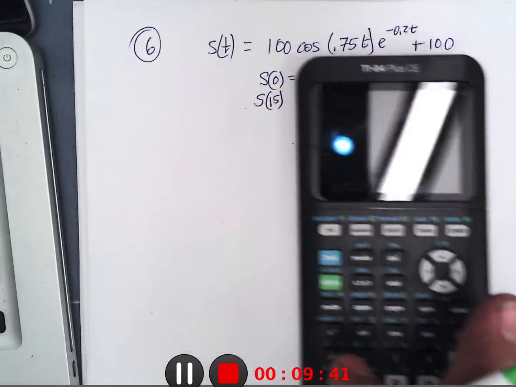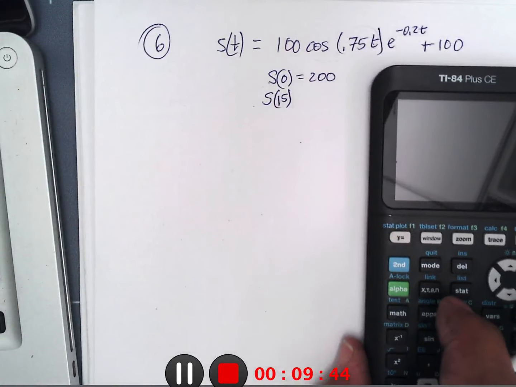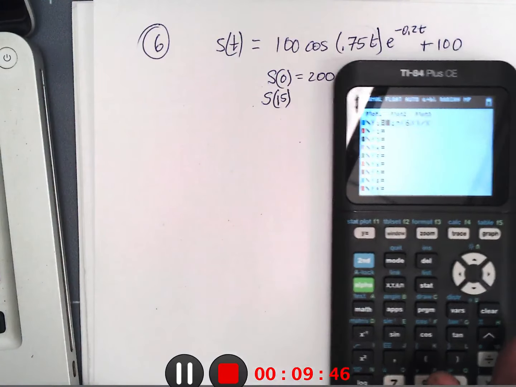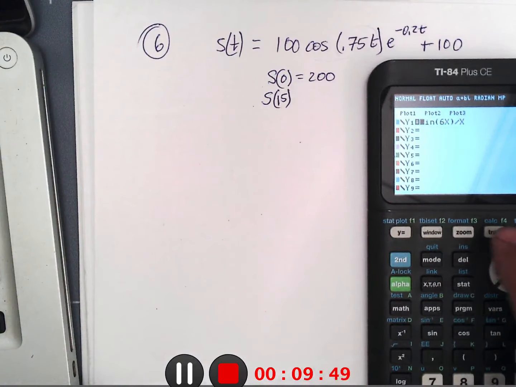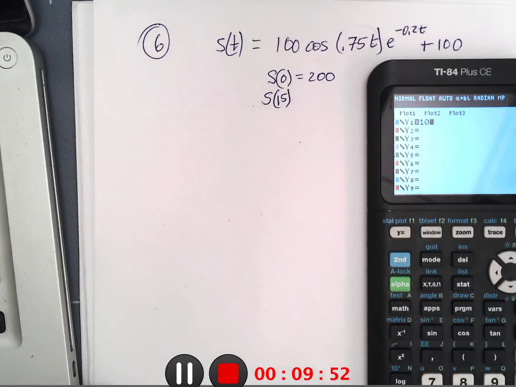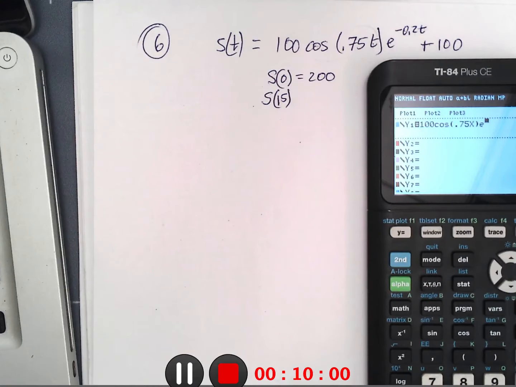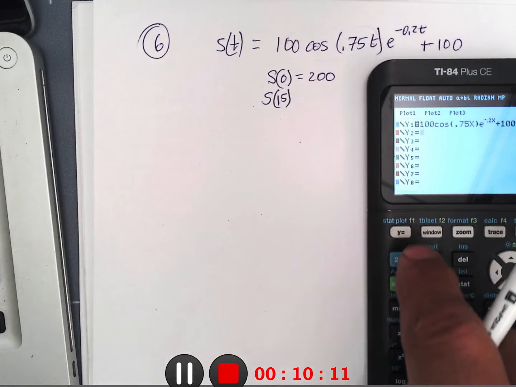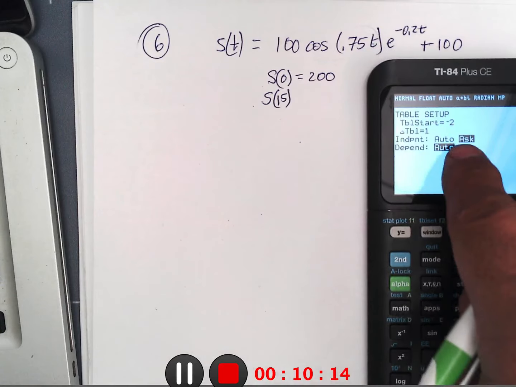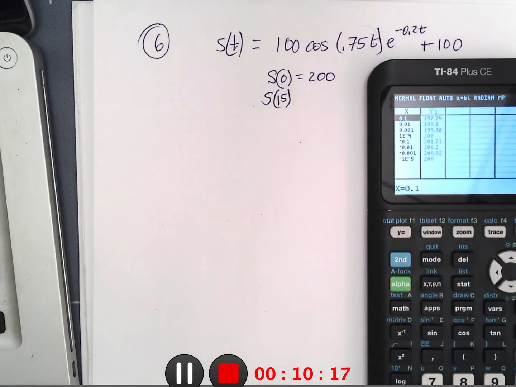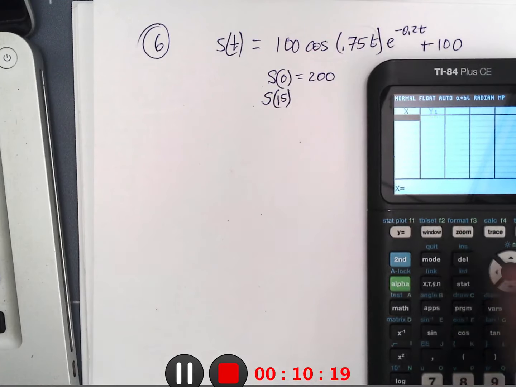We type in 100 cosine of 0.75 x instead of t, close parentheses, times e to the negative 0.2 x, plus 100. Enter. Then I go to second table set, put it on ask, go to second table, and delete the old entries. I can put in 0 and check my answer, 200.